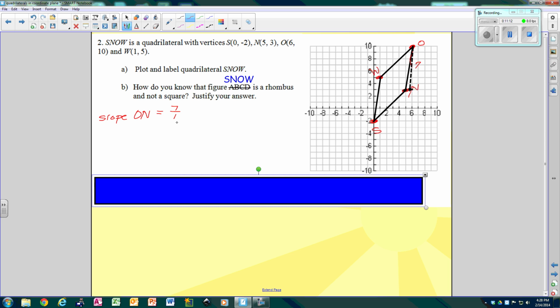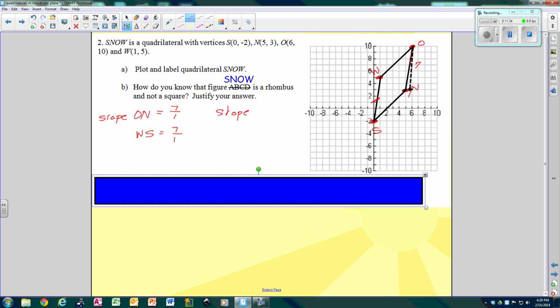So down is negative, backwards is negative, so the slope is positive. Okay, now let's find the slope of WS. Same thing. I'm going to go 1, 2, 3, 4, 5, 6, 7 over 1. Down 7, backwards 1. Okay, what about the slope?